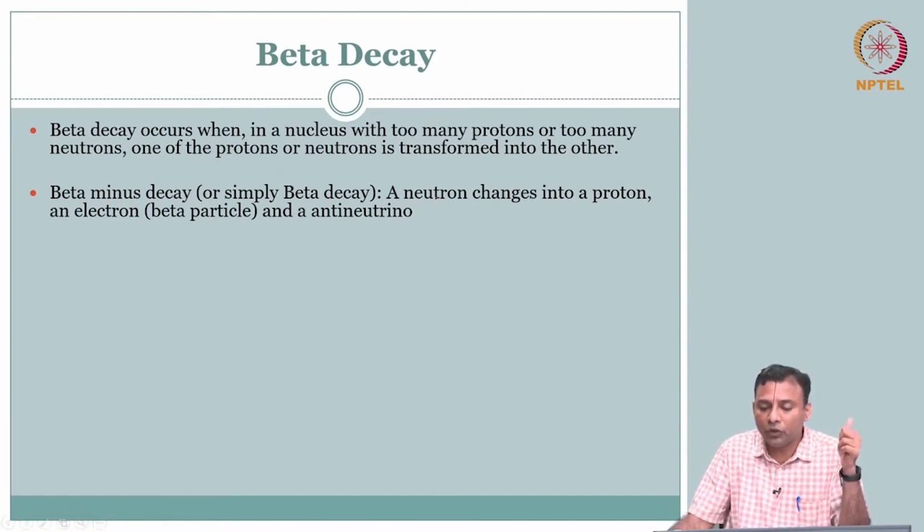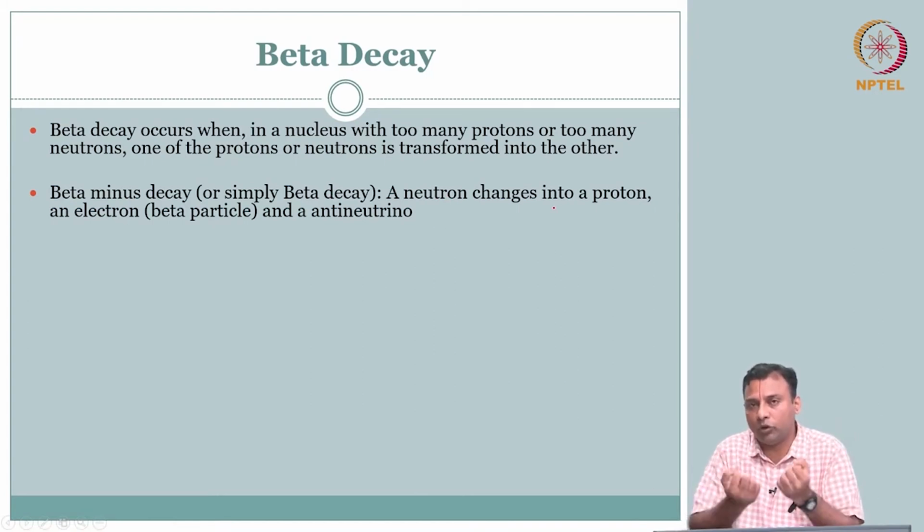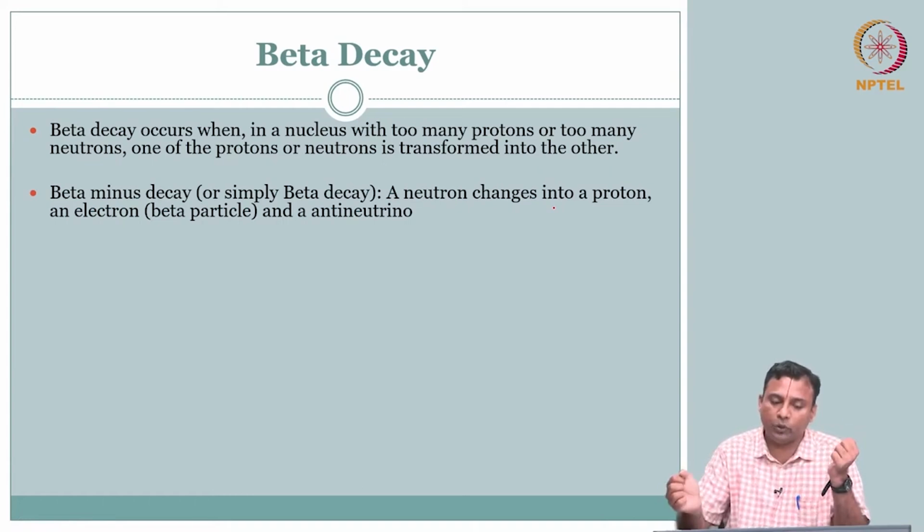Here what happens is a neutron changes into a proton, and in the process an electron and an antineutrino are emitted. This electron is called your beta particle. So commonly when we say beta decay, they refer to the beta particle or the electron that is coming out.